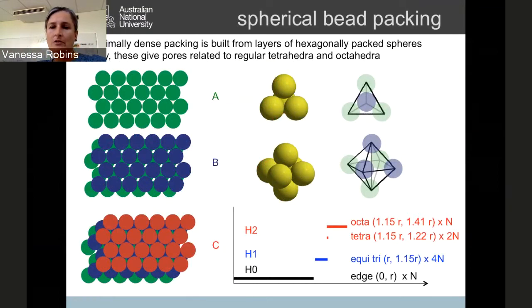Even though the global structure will be a little bit different depending on how you layer the ABC patterns, the local configurations will always consist of either tetrahedral closest packing or octahedral closest packing, and the tetrahedra to octahedra always occur in a ratio of 2 to 1.